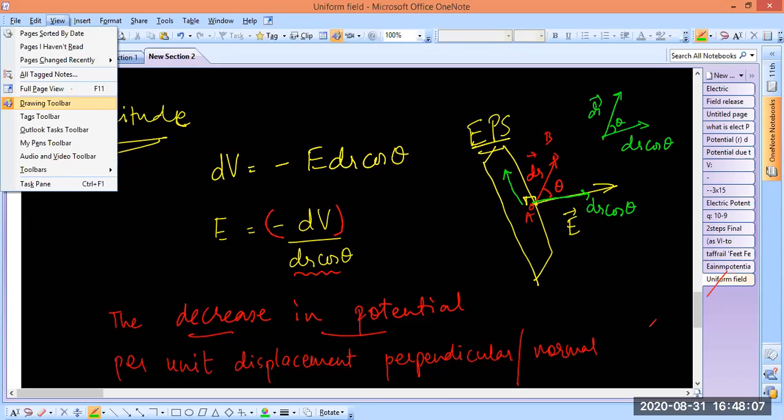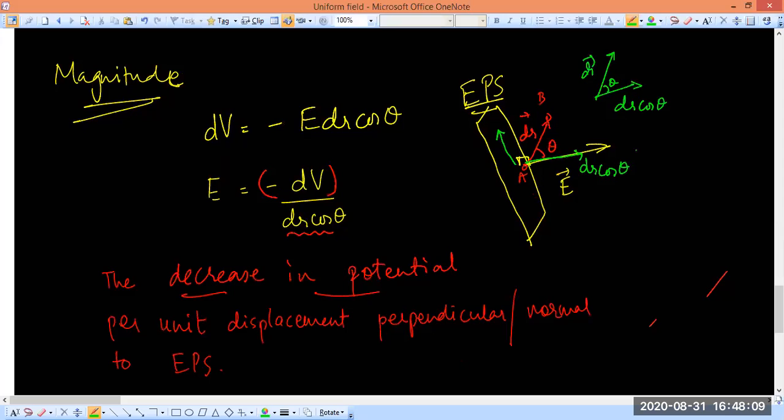Okay. So read this now. So this is decrease in potential, that is minus dV, right? Per means divided by dr cos theta. What is the meaning of dr cos theta? Component of displacement perpendicular to equipotential surface, right?